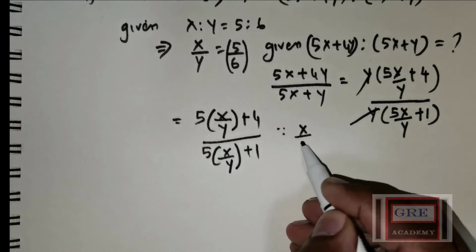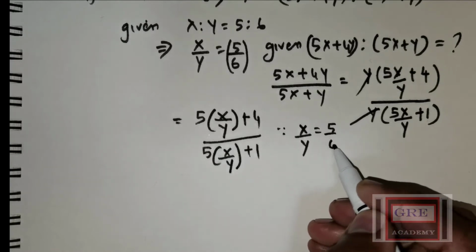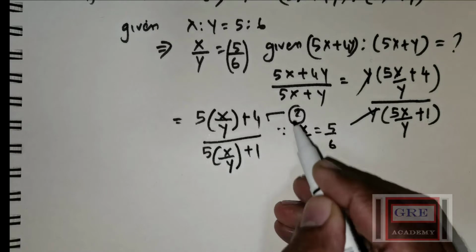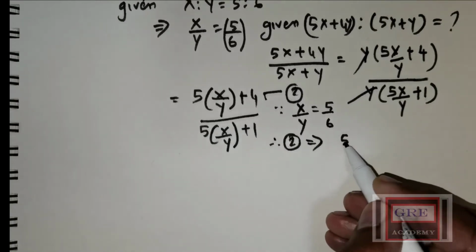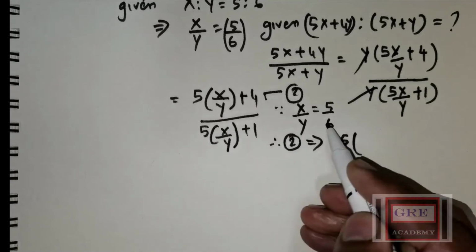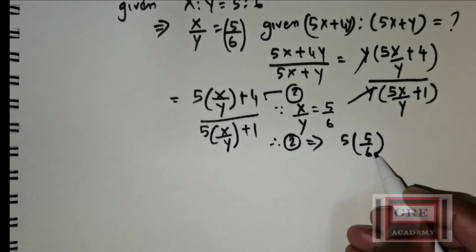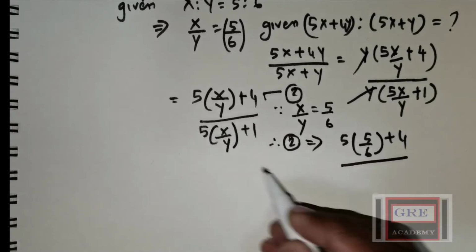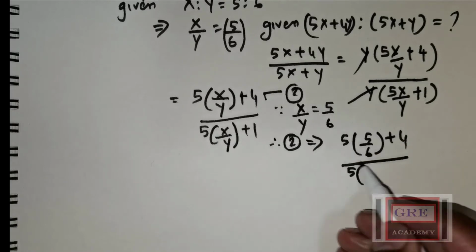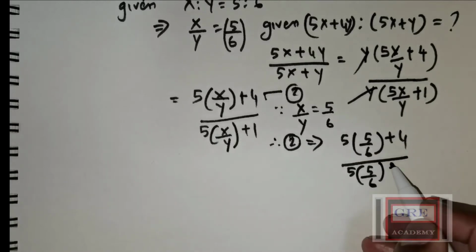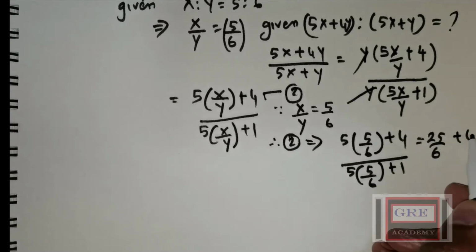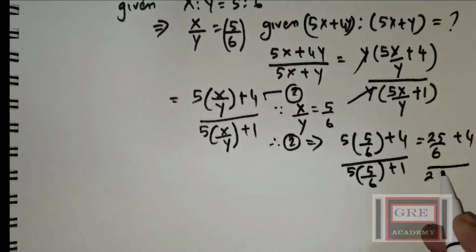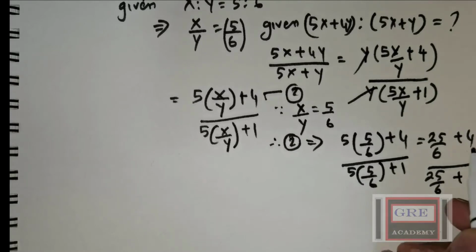Now since x over y is 5/6, in place of x over y, substitute 5/6, followed by positive 4, and in place of x over y, substitute 5/6, followed by positive 1. This is (25 divided by 6 + 4) divided by (25 divided by 6 + 1).